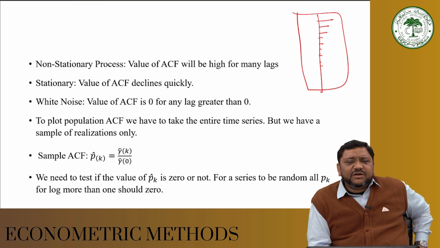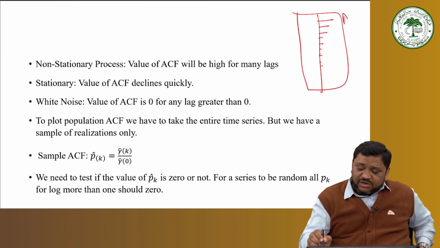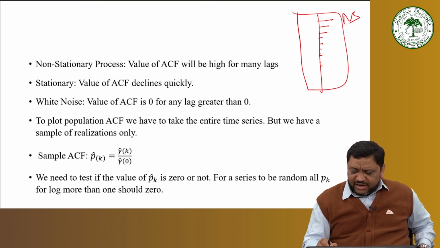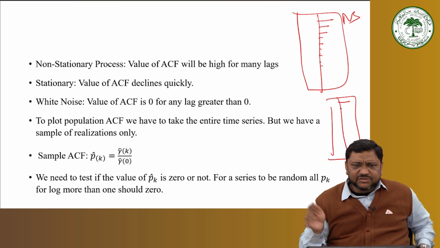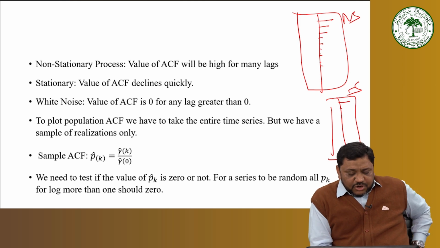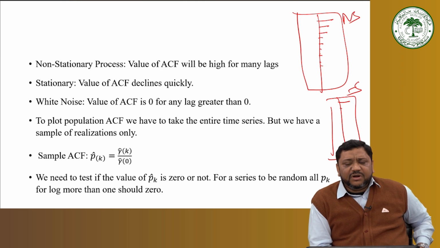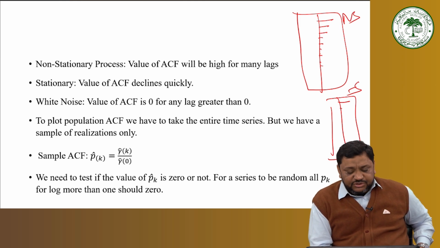So this indicates that the process is not stationary. These are rough hypothetical pictures, and a stationary process will be like this: one lag, second lag, it's finished. So if the value of the autocorrelation function declines very rapidly, we can say that the process is stationary.